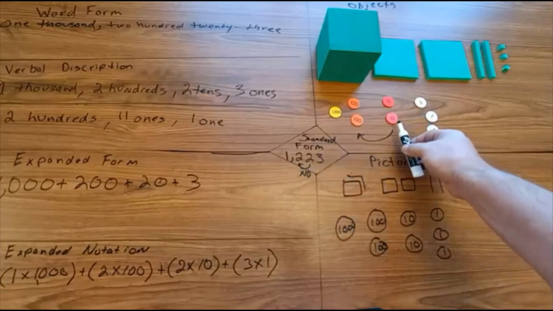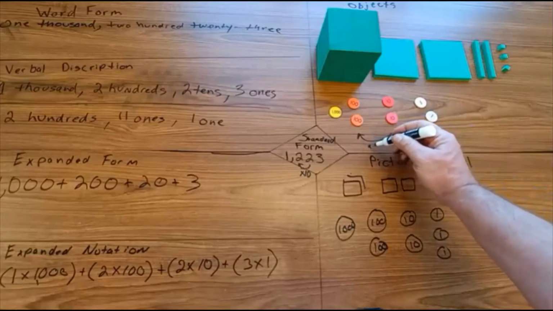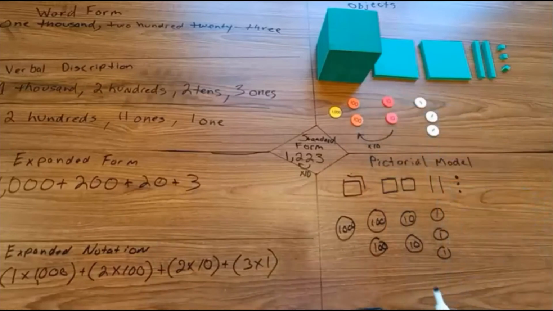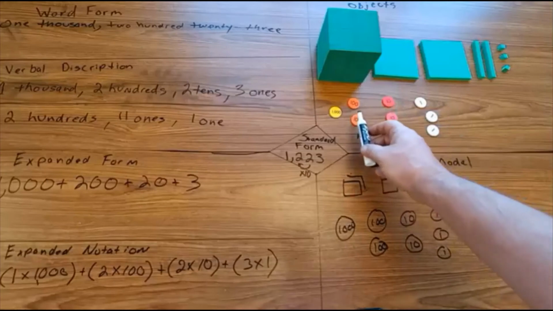So 20 times 10 would equal 200. So the relationship between the hundreds place and the tens place is times 10.